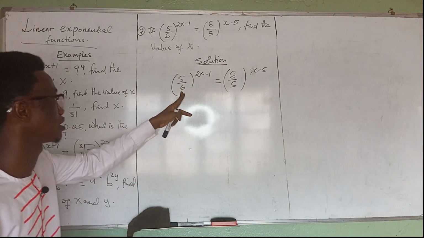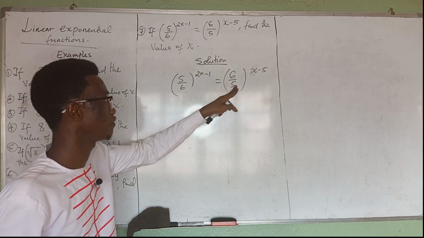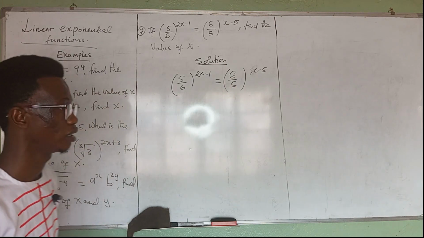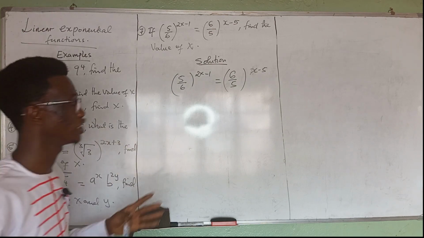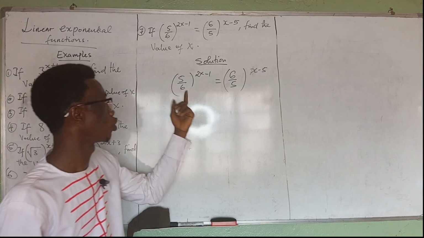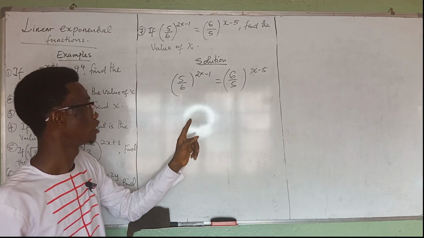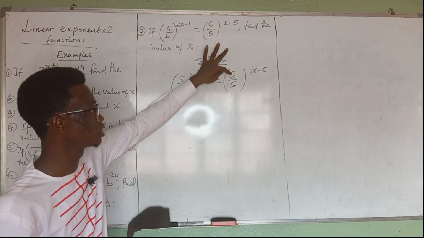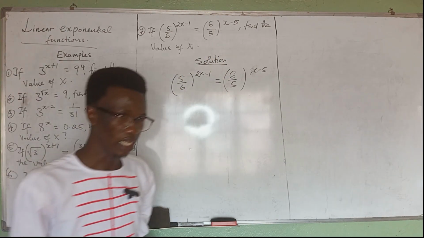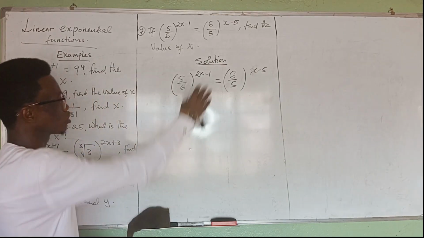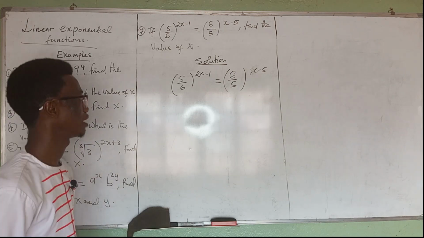This one says (5/6)^(2x-1) = (6/5)^(x-5). The only challenge here is to change one of these numbers inside the bracket to the other, so either we change 6/5 to 5/6, or 5/6 to 6/5.